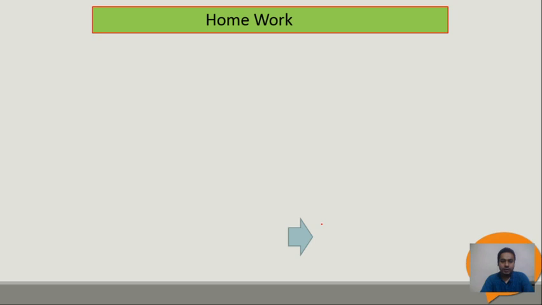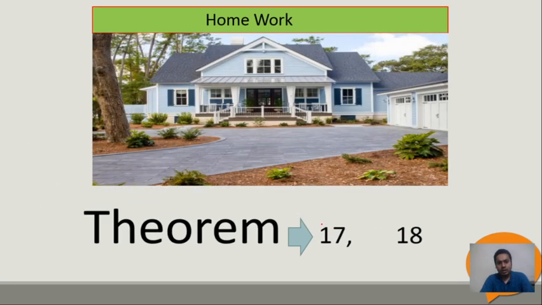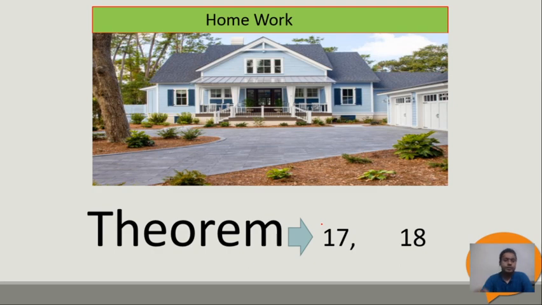Today's homework is to repeat 17 and 18 again at home and submit them to your subject teacher. I think this is an important theorem of the circle. That's all about today's class.